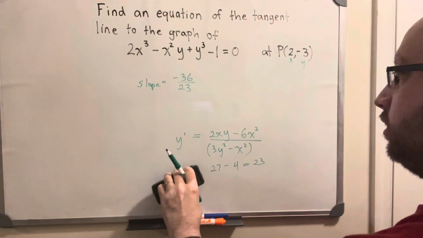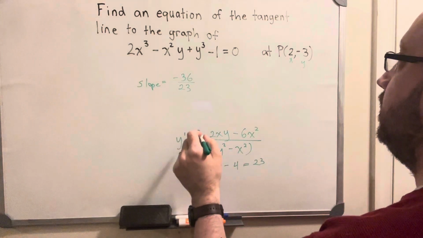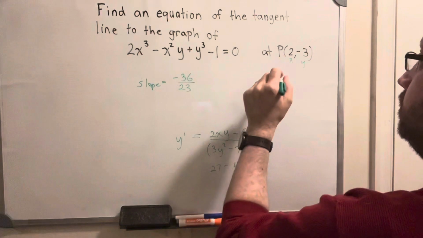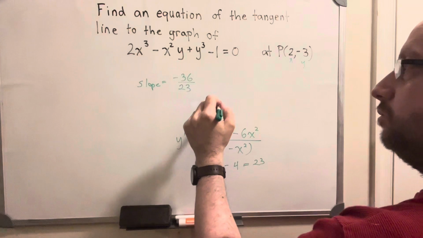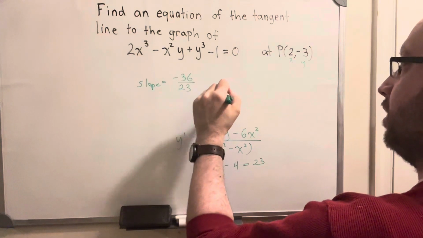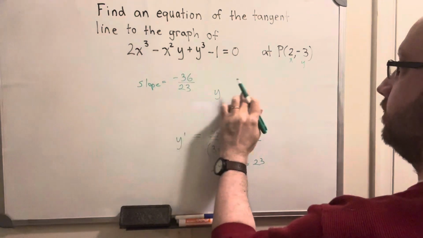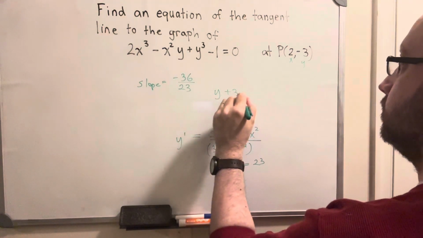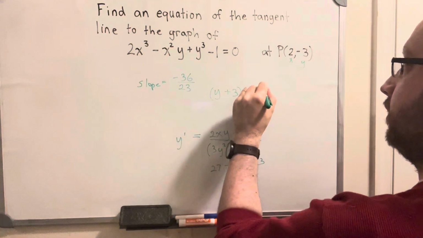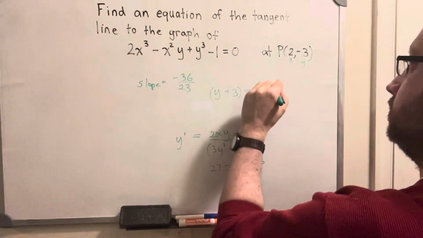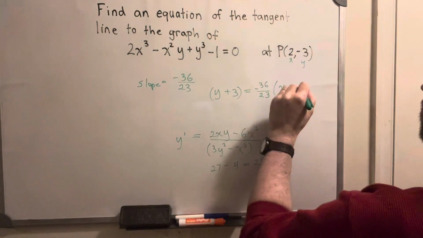So now we know the slope of the tangent line at that point. And we know that the x point is 2 and the y point is -3. And you remember the point slope form? y minus the y value, -3, so y plus 3 is equal to the slope, -36/23, times x minus the x value, 2.